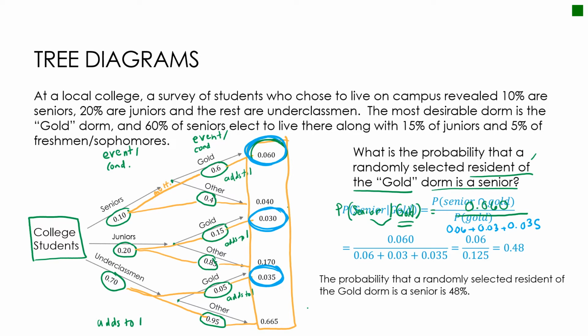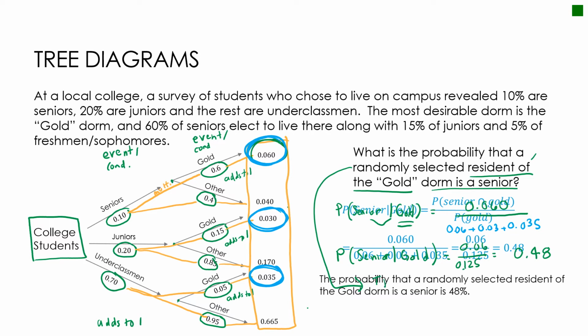So now I can find my probability of senior given Gold, which is 0.06 divided by 0.125, which turns out to be 0.48. And so the probability that a randomly selected Gold dormer is a senior is 48%.